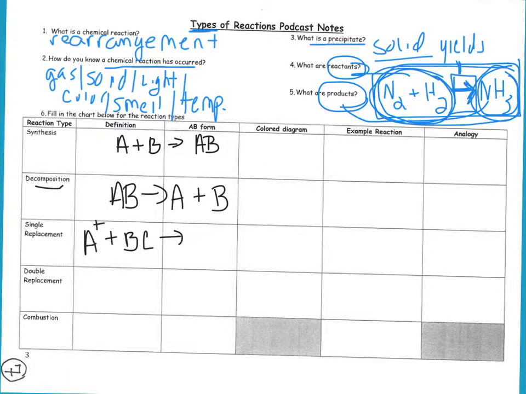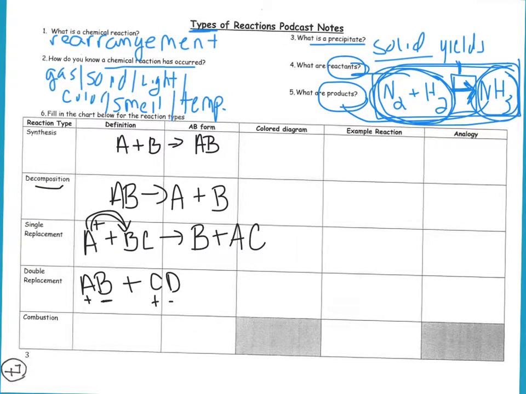It's a metal, it's a cation, and so it's going to change places with the other cation, making B kind of kicked out, and then AC. And this is a very basic way of describing a single replacement. Now in a double replacement, we have usually two ionic compounds, a cation and the anion, and another cation and anion.